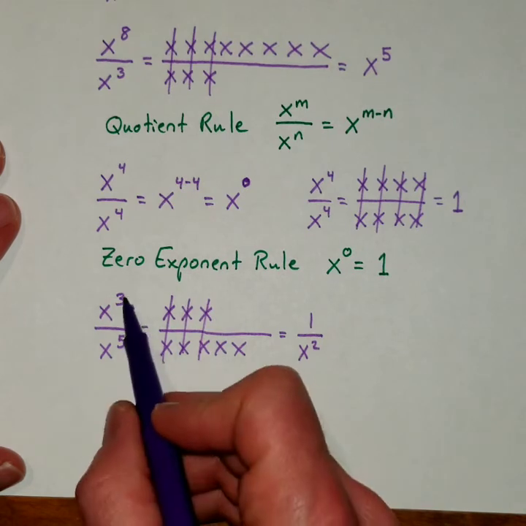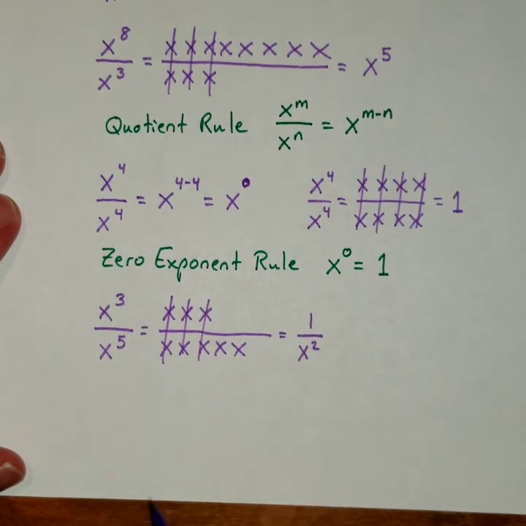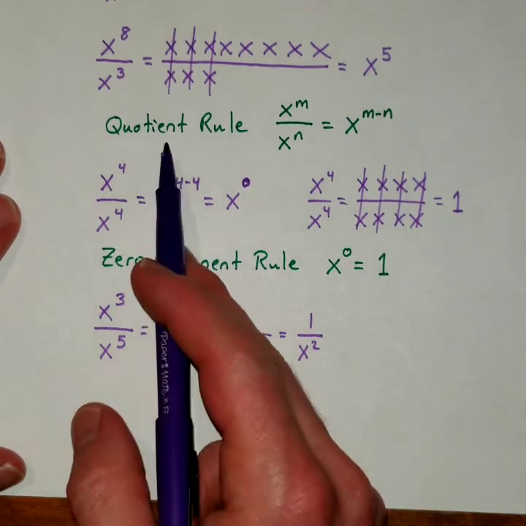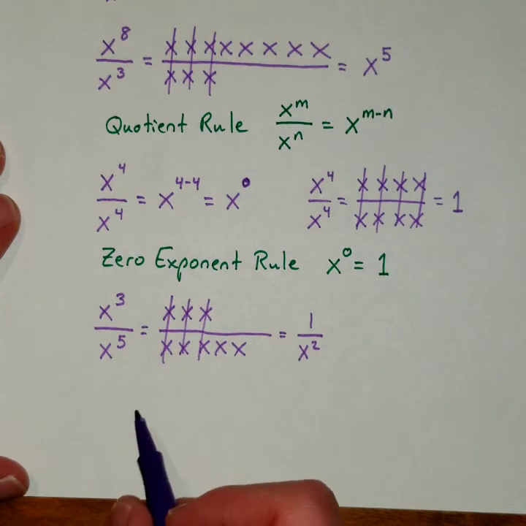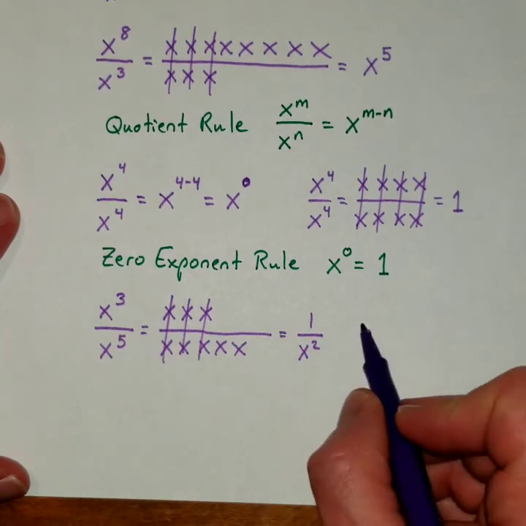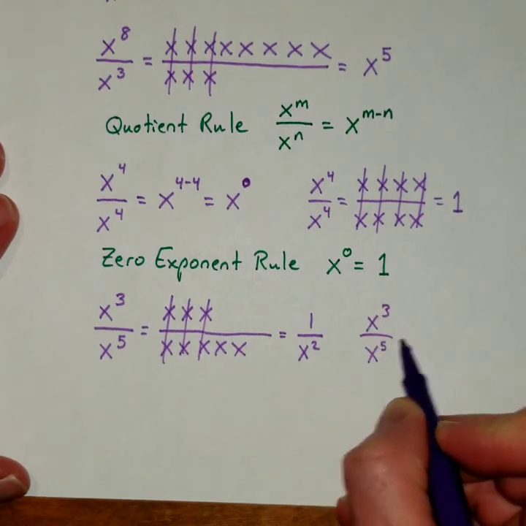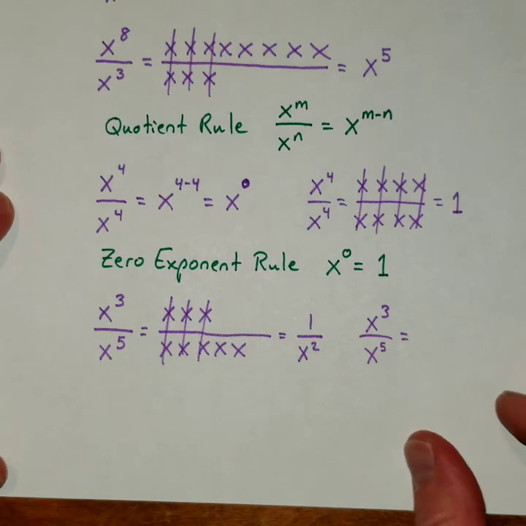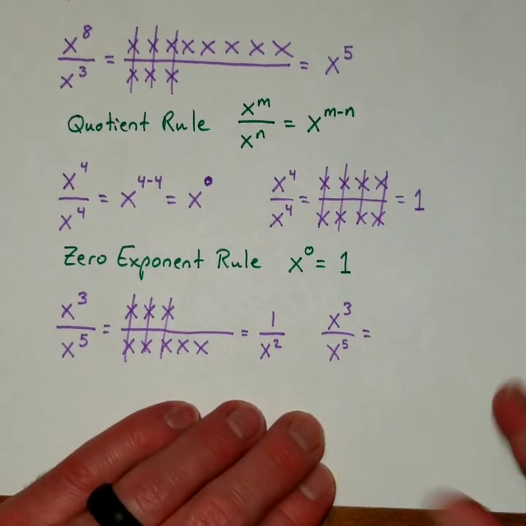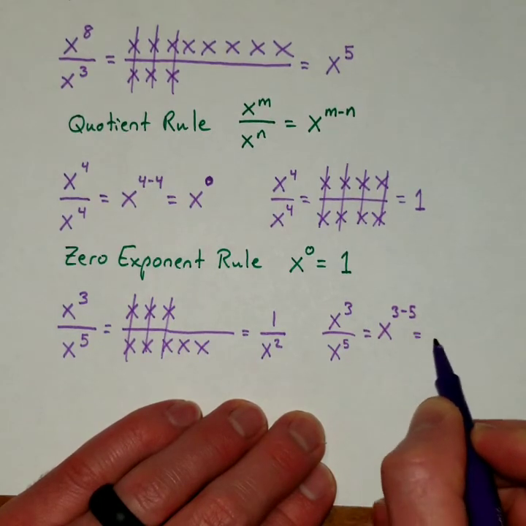Notice the 2 is the difference between the 3 and the 5, but it's left on the bottom because the bigger one was on the bottom. Another way to think of it, though, is using this quotient rule. Using the quotient rule, I could write over here, x to the 3rd over x to the 5th is equal to x to the 3 minus 5.